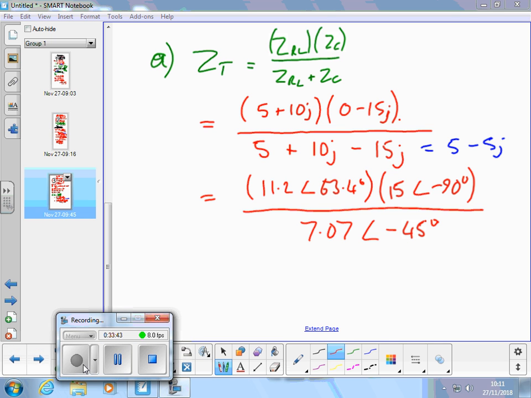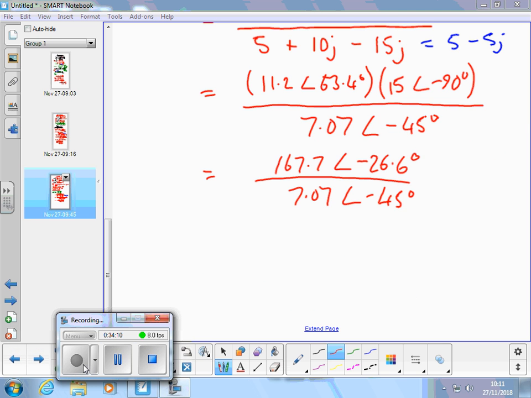When we multiply the numerator out, we end up with a fraction that consists of two polar numbers, 167.7 angle minus 26.6 degrees divided by our 7.07 angle minus 45 degrees.